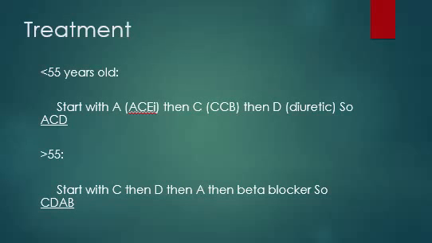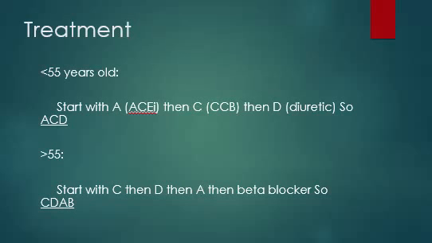Because ACE inhibitors work based on the renin-angiotensin-aldosterone system, where ACE converts angiotensin 1 into angiotensin 2, which then stimulates the release of aldosterone.